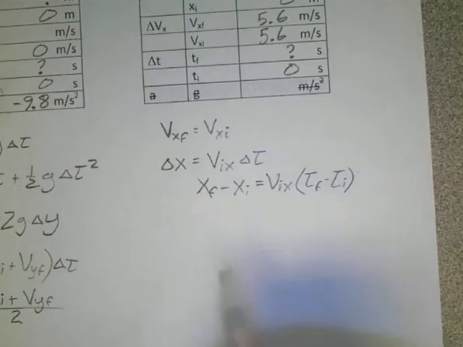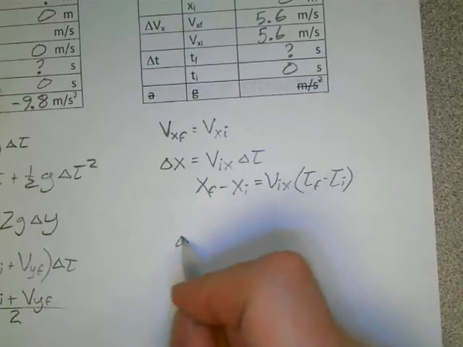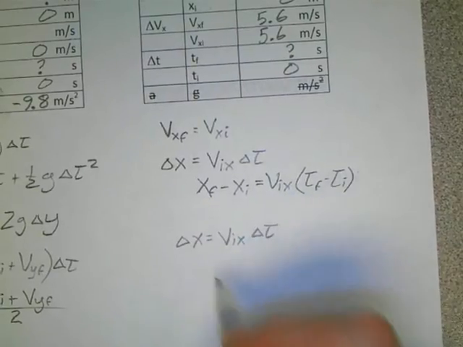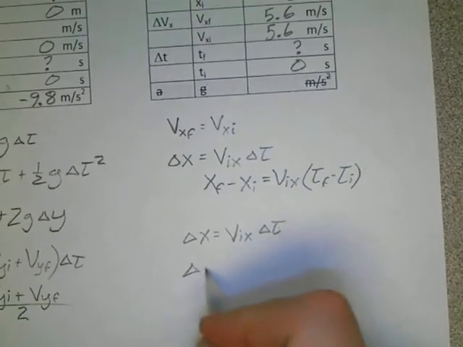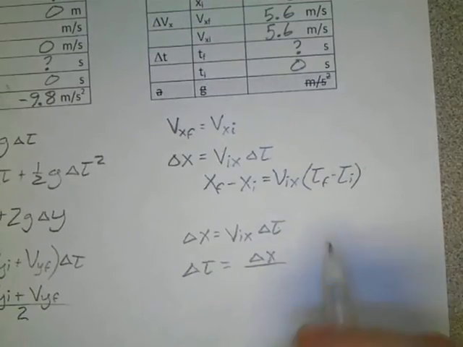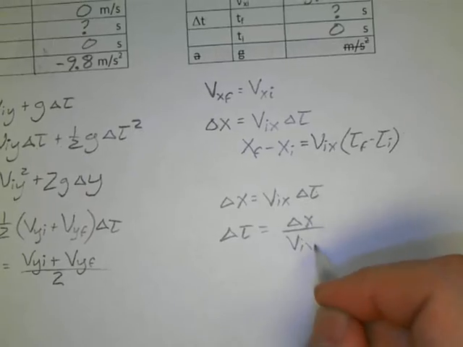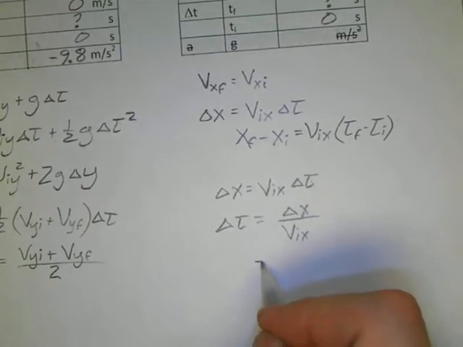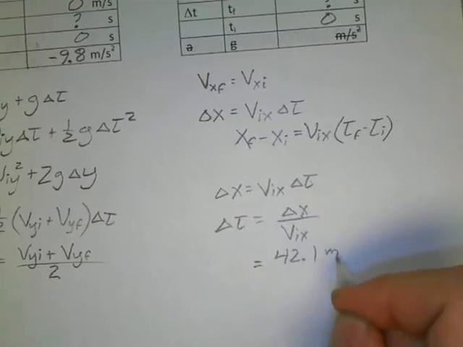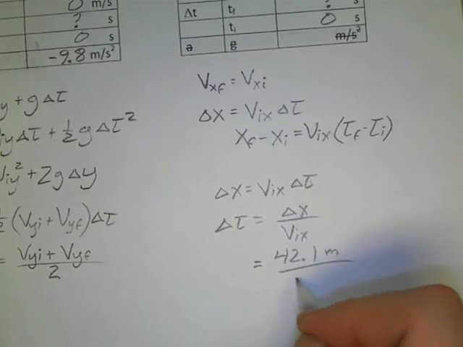So using the second equation, delta x is equal to vix delta t. I'm going to solve for delta t, and I get the change in position in the x direction divided by the velocity in the x direction. So that'd be 42.1 meters divided by 5.6 meters per second.